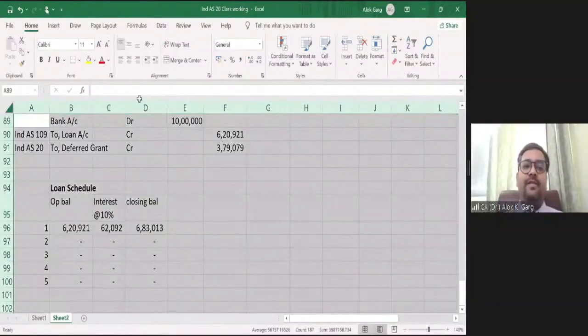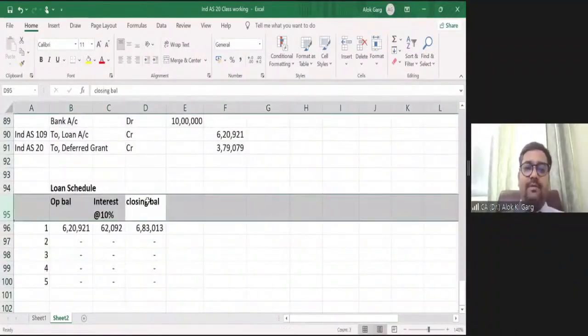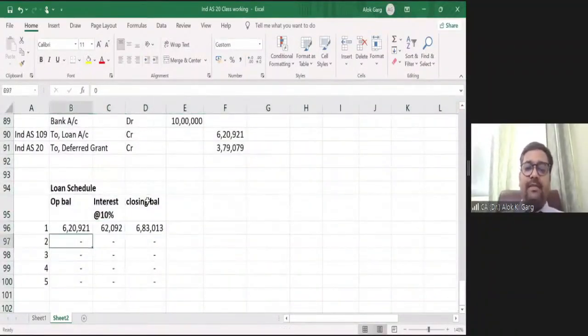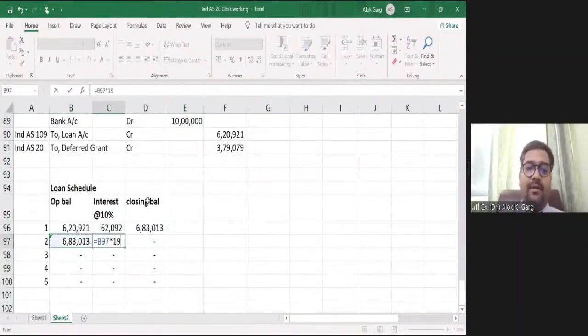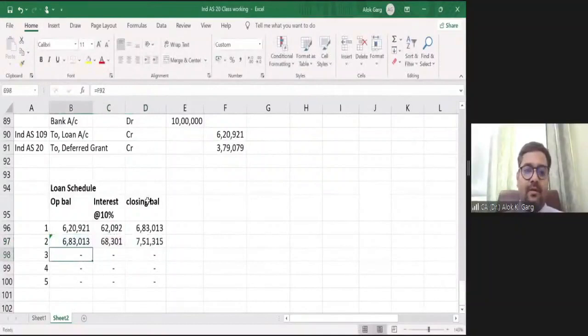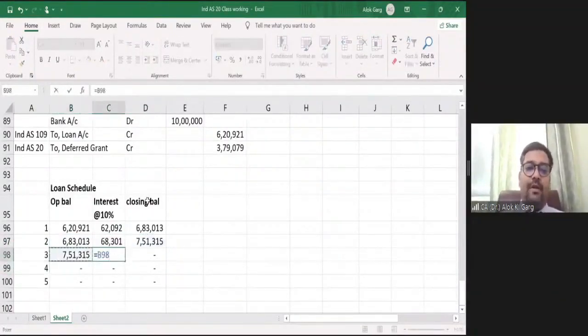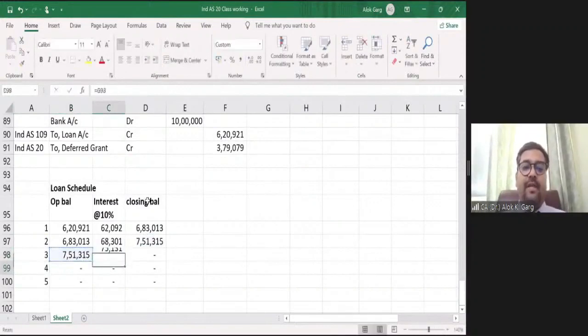You have already covered Ind AS 109; I am just repeating this accounting. In the second year, the opening balance is 683. The interest has to be charged at 10%. The closing balance is 683 plus this. Again, this will become your opening balance, and you need to calculate interest on this at a rate of 10%.